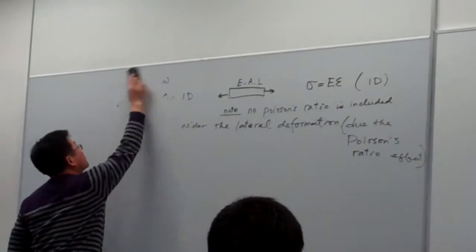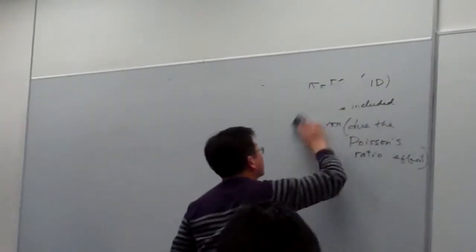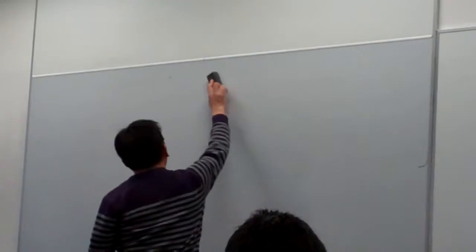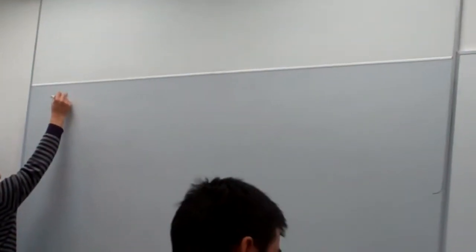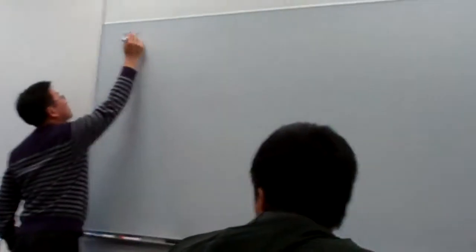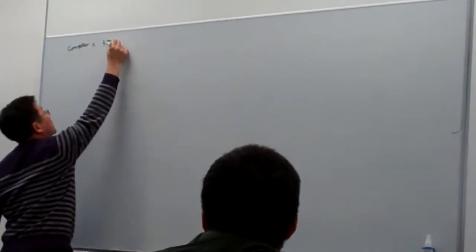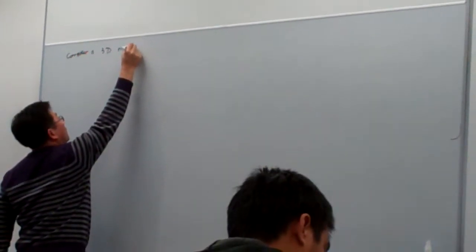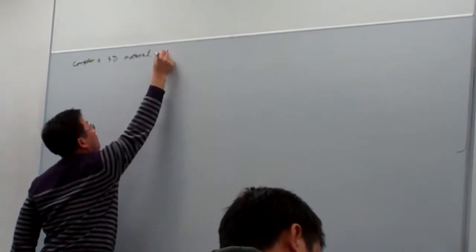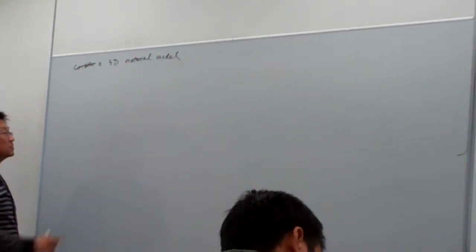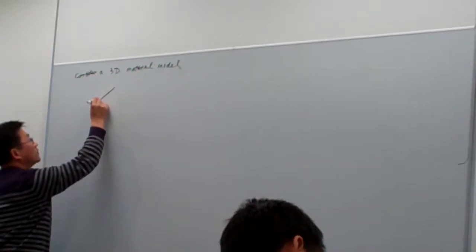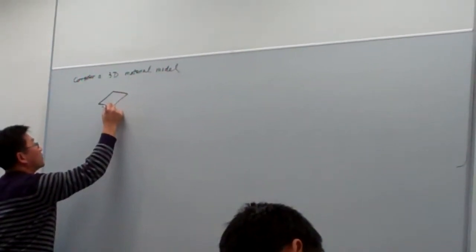So for here, we consider a general 3D material model. And now I'm going to draw a cube, for example.